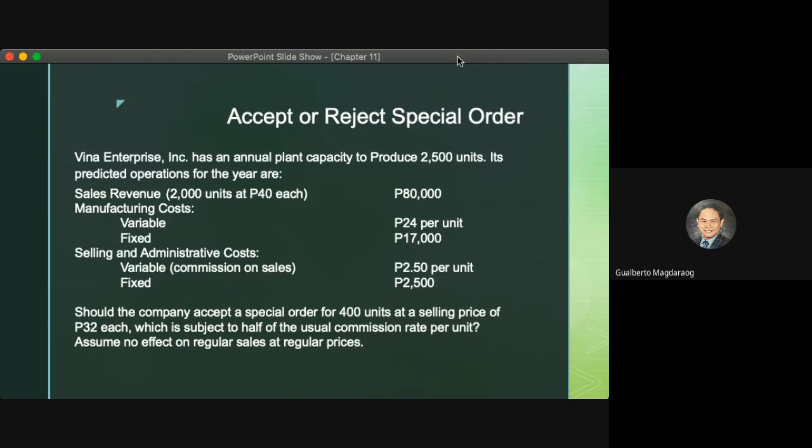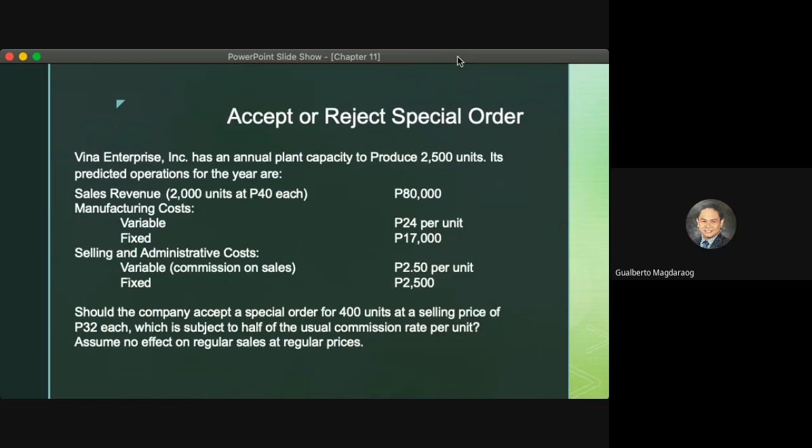Next is accepting or rejecting a special order. This is what I mentioned earlier, it can be an incremental approach or a total project approach. So in our illustration, Vina Enterprise has an annual planned capacity to produce 2,500 units. Its predicted operation for the year is 80,000, that's 2,000 units at 40 pesos each.